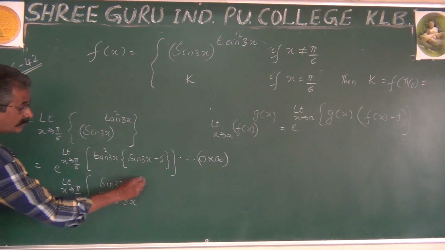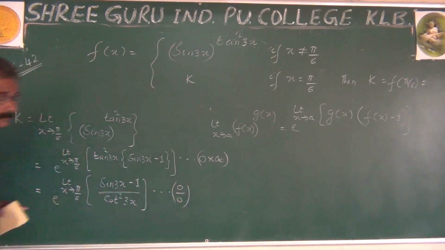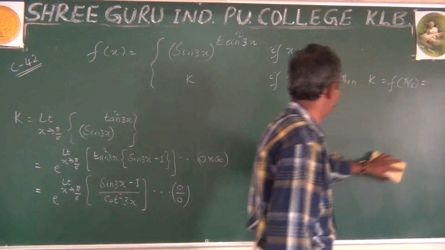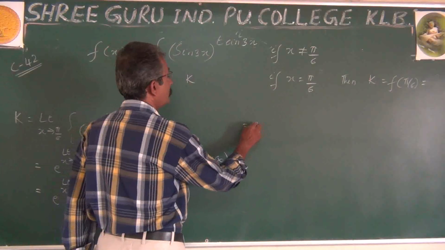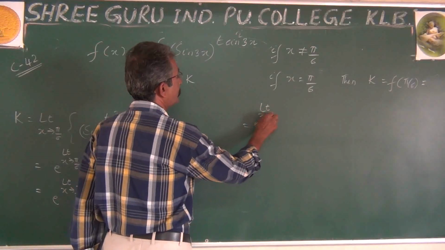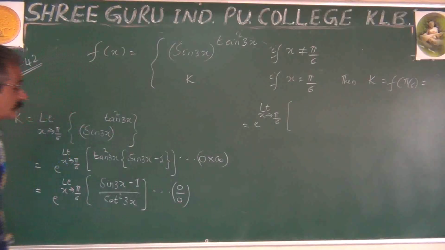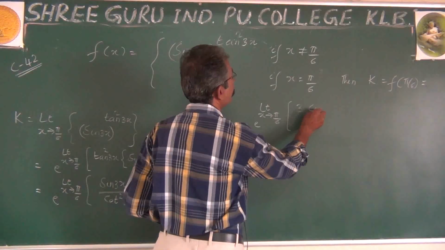Note this step. Now it is under control of 0 by 0 form, so we can apply L'Hospital's rule. e raised to limit extending to pi by 6. What's the meaning of L'Hospital's rule? Differentiate numerator and denominator. So differentiation of sin 3x is 3 cos 3x.